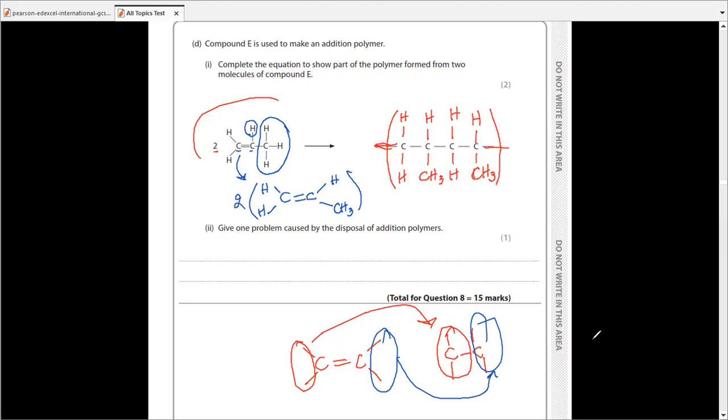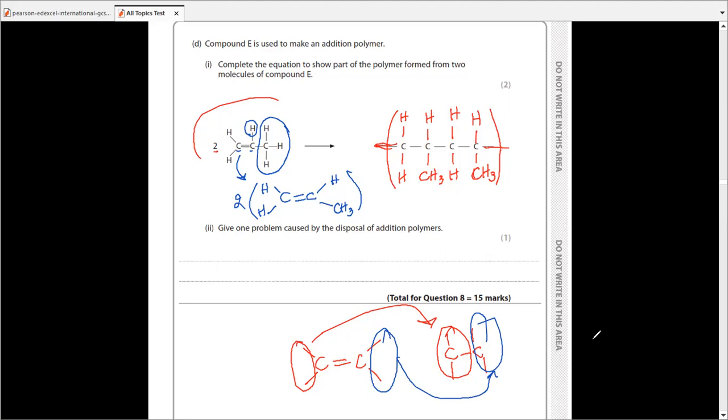What's addition polymers? Addition polymers. I'm not sure about this.